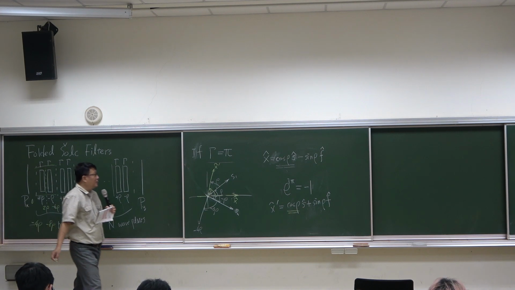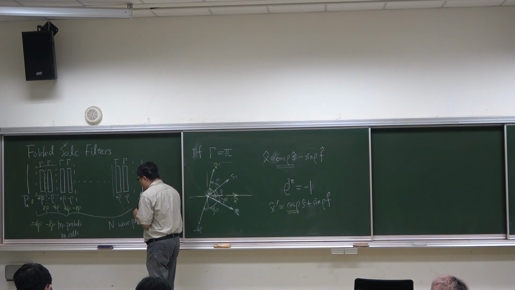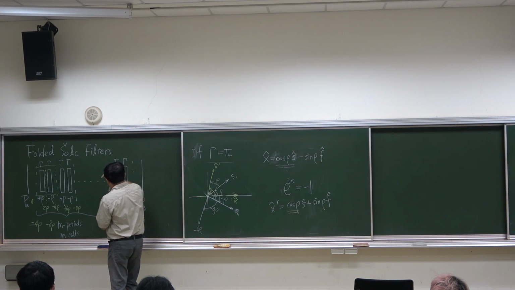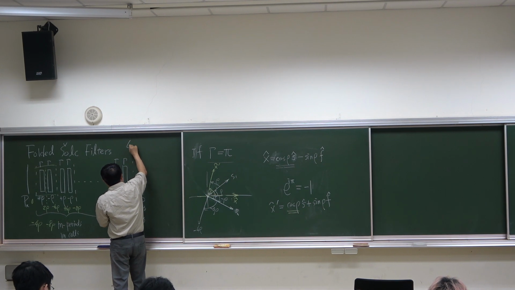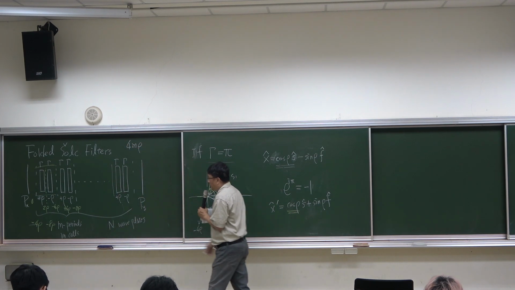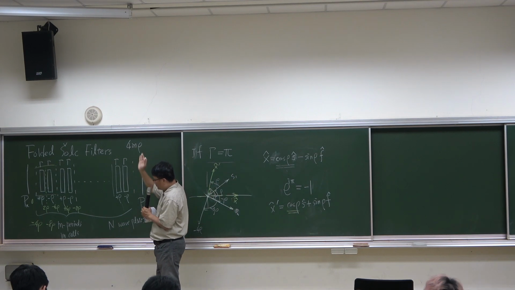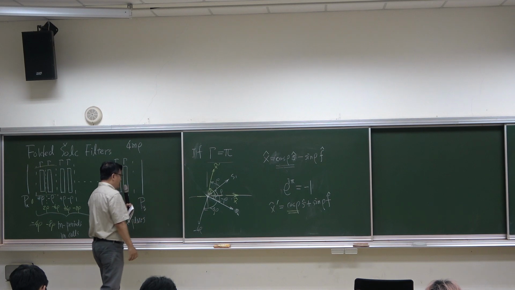So suppose we have m periods, we get 4m rho. We can ignore the positive or negative sign because they are the same polarization.